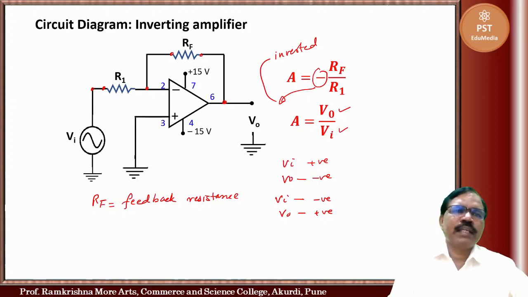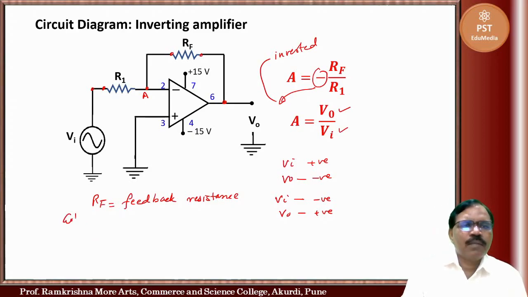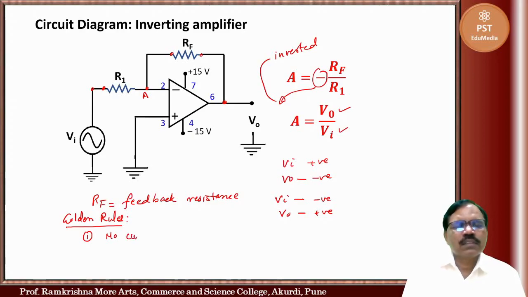Now suppose we take this point A. According to the golden rules for negative feedback, the first one is that no current flows through the input terminals.